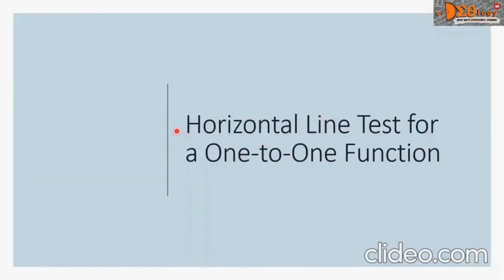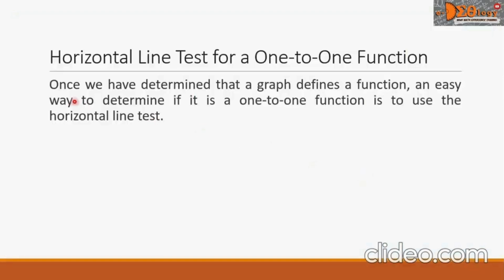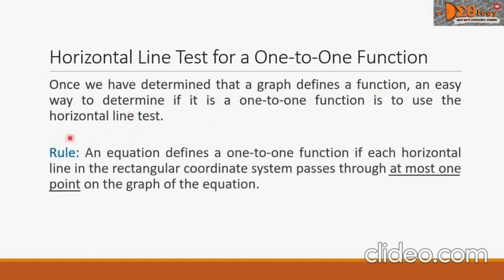Let's go now to the horizontal line test for a one-to-one function. Once we have determined that a graph defines a function, an easy way to determine if it is a one-to-one function is to use the horizontal line test. This is the rule.